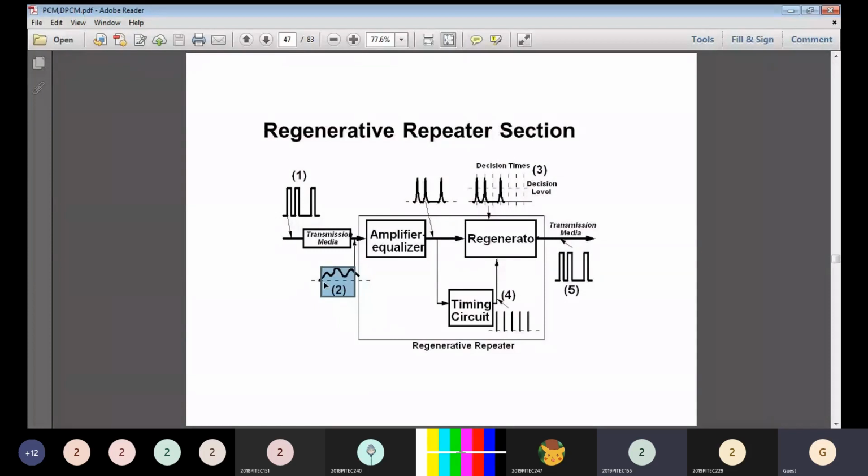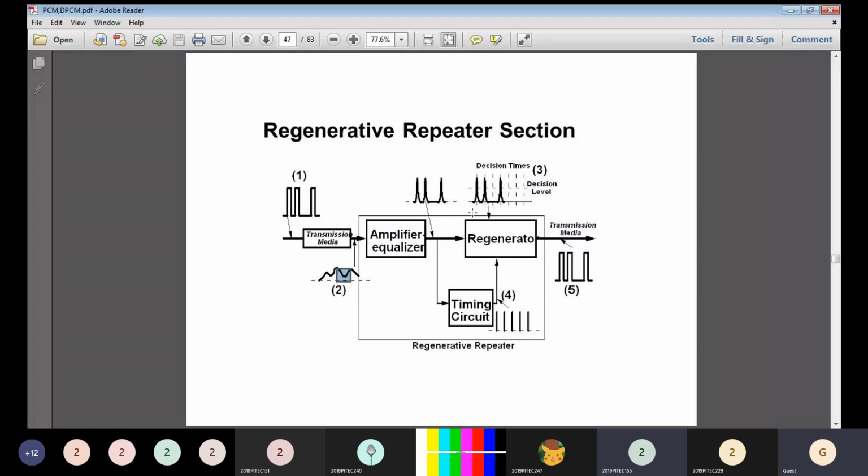While traveling, due to the propagation, the transmitted pulses get distorted like this. The first waveform is the transmitted pulses, the original input signal, and it will be distorted like this. So we have to reconstruct that signal by using the regenerative repeater.